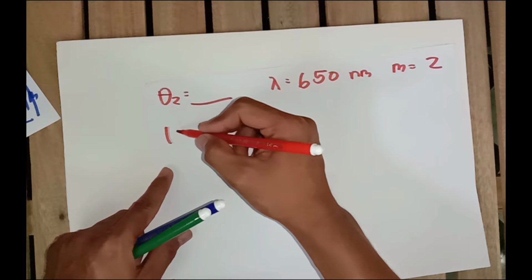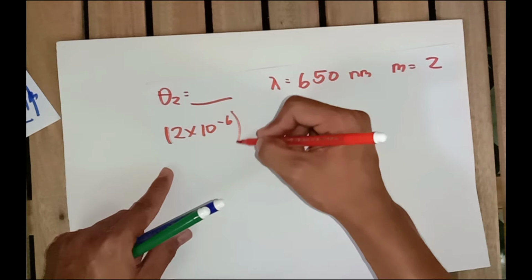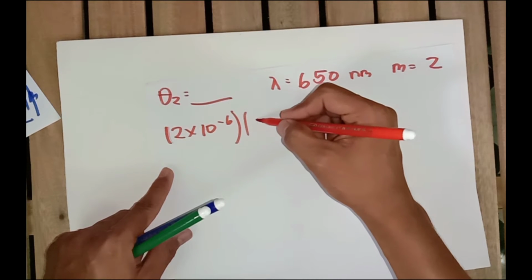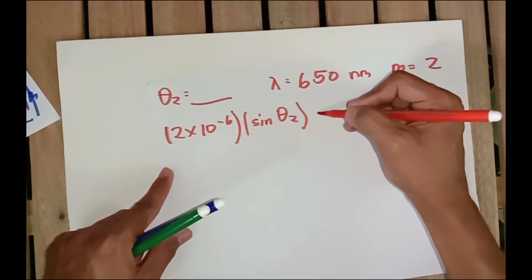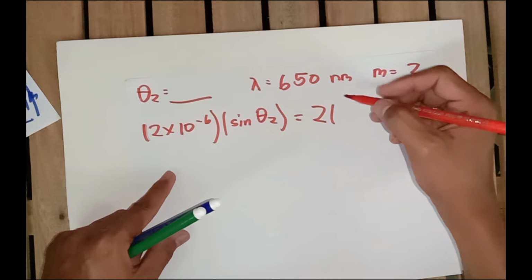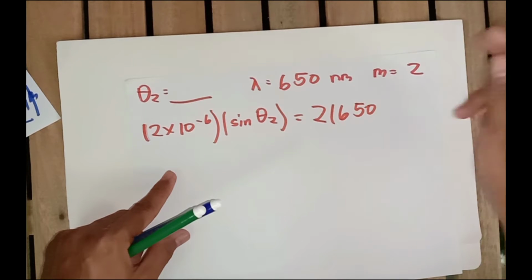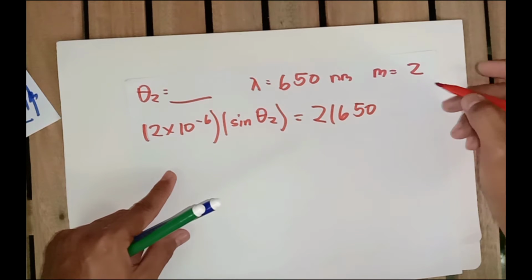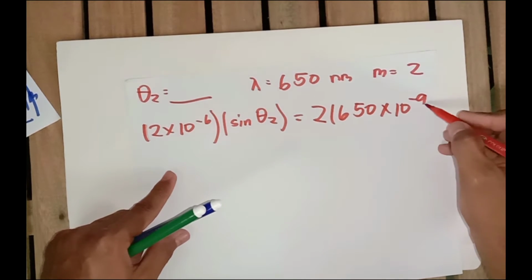Our d is 2 times 10 raised to negative 6, and sine theta 2 is equal to m, which is 2, times our wavelength, 650 times 10 raised to negative 9.